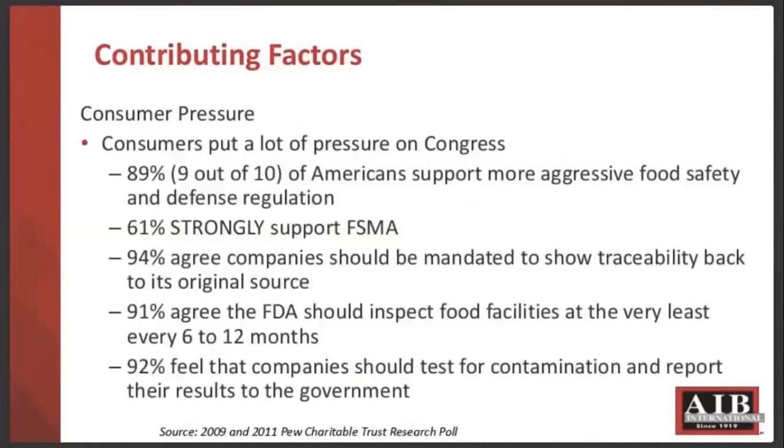Again, we're going to take a look at some numbers. 89% of Americans said that they supported a more aggressive food safety and defense regulation from the FDA. 61% of Americans strongly supported FSMA, this sweeping modernization act. 94% of Americans agree that companies should be mandated to show traceability back to its original source.